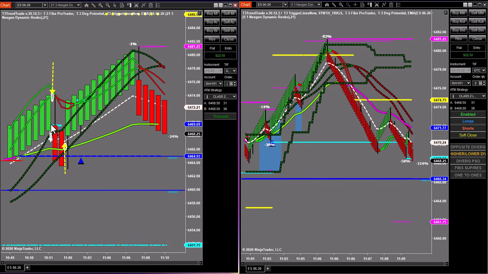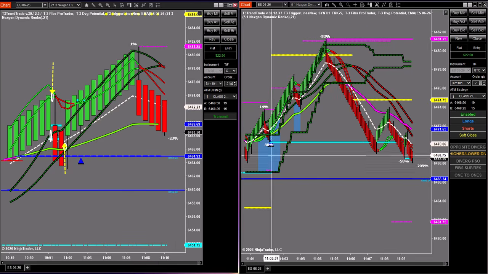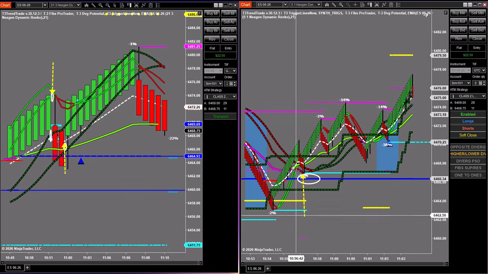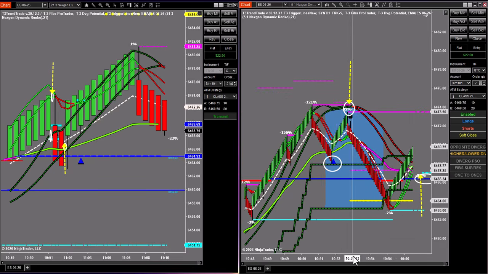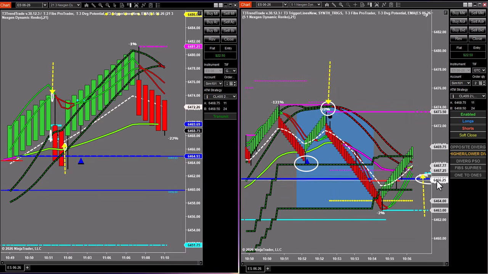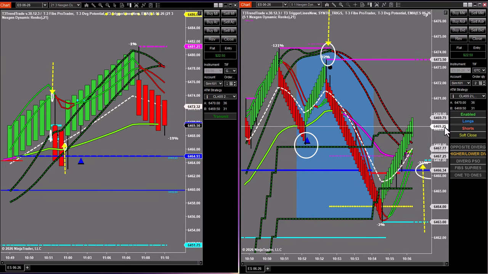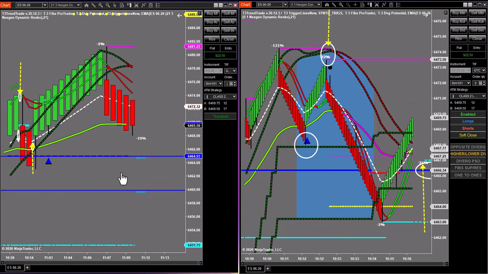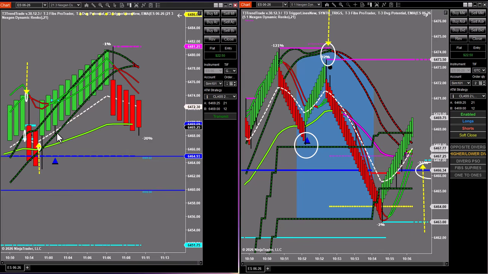So remember, we had the first signal that took us out. So here was our first signal on the S&P. You guys tell me if you have questions about this. First signal, lower divergence takes it out. And then as it rolls forward, it gets another signal. I'll draw a little circle on it.